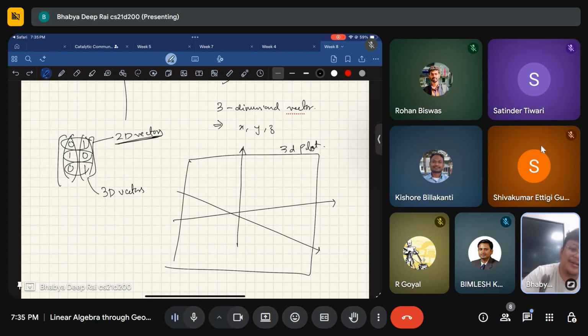Now, similar to the application that Rohan was saying, if you have a very large amount of data and it's a very dense matrix, what does that mean? It means it is likely that a lot of rows are linearly independent from each other.